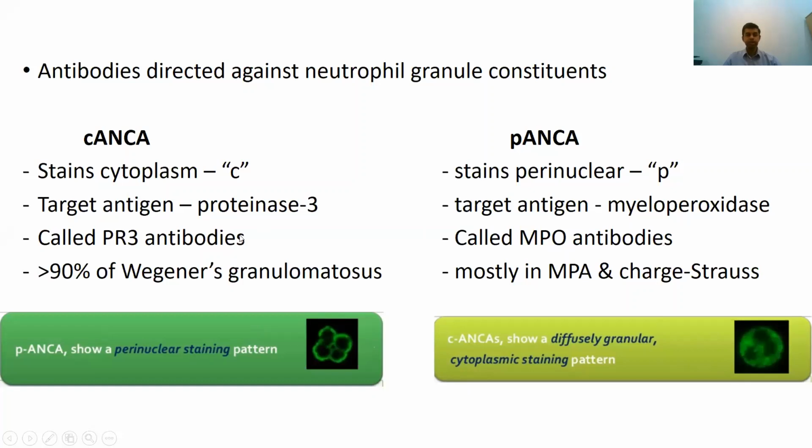So these PR3 antibodies or the C ANCA pattern you see commonly with your Wegener's granulomatosis. The P ANCA pattern or the MPO antibodies you see with the microscopic polyangiitis or your Churg-Strauss. So if you go through your textbook, the Kumar and Clark or your Davidson's, you will come across these terms like C ANCA and PR3, MPO antibodies. That is what it means.